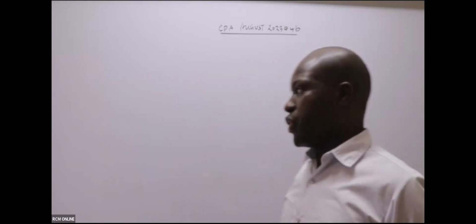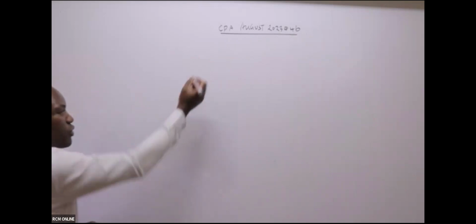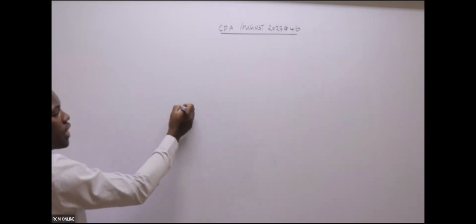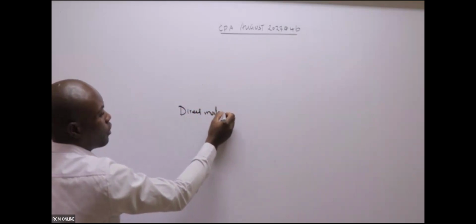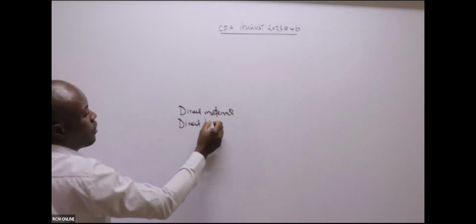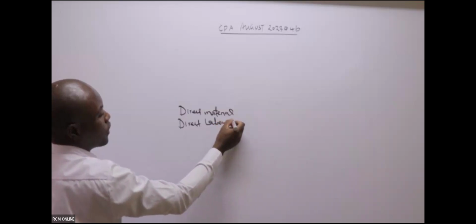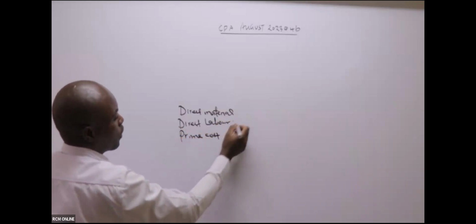So the only difference that you're going to deal with here is the treatment of production overheads. In topic number 4, of course, we have some hint. So for us to be able to get the total cost, we need direct material. We need to add direct labor to this so that we get what we call prime cost, right?